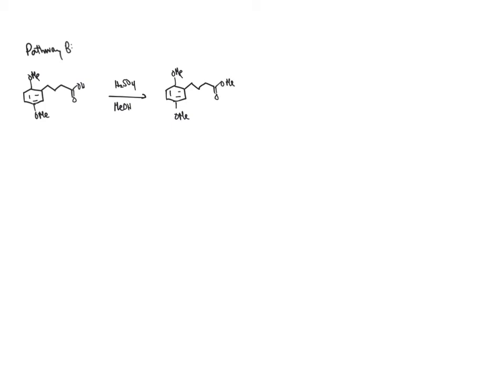And at that point, the methyl ester can undergo two successive Grignard additions if we use two equivalents of methyl magnesium bromide, followed of course by workup with ammonium chloride. So this should give us the tertiary alcohol.